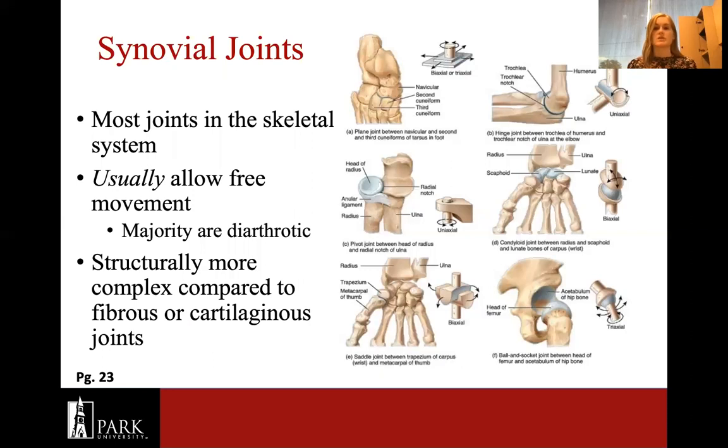These joints are structurally more complex compared to the fibrous or the cartilaginous joints, so we're going to be spending a lot more time observing these synovial joints just because they are more complex in nature. You can see that they are found in your foot, your elbow, your wrist, your hands, your hips. They are all over your body.